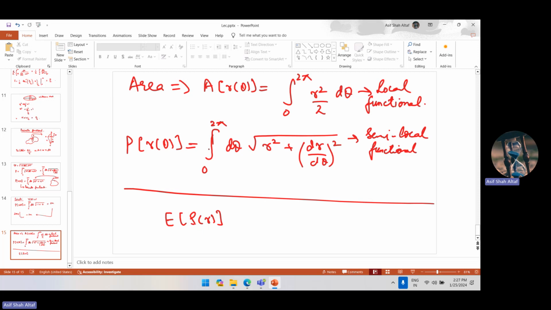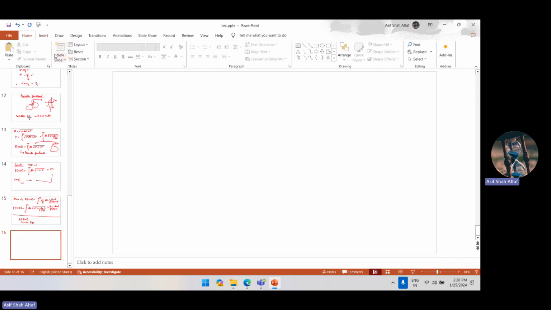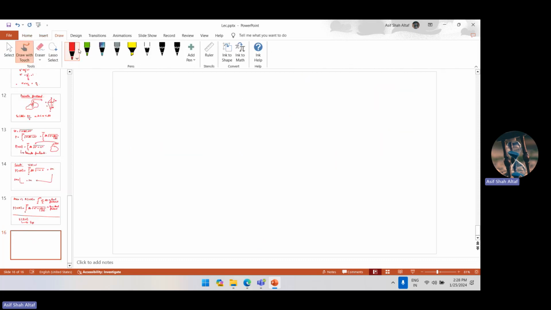When you have this energy functional, one is often interested in minimizing it so that you can reach the ground state energy for a given electron density. And for that, you will have to know how we can differentiate a functional, right? So next, we will discuss the derivative of a functional.